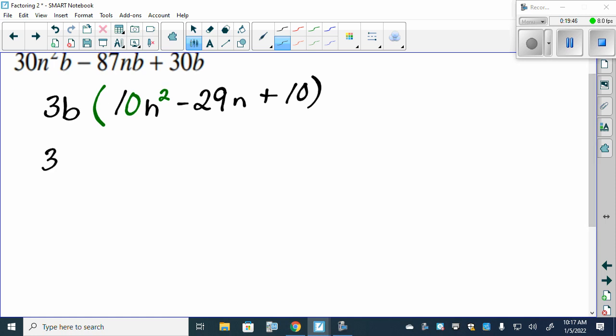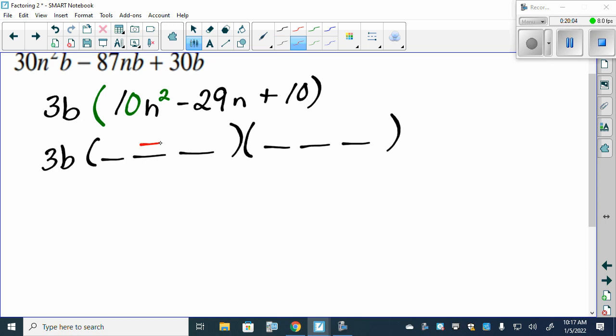Now, since that is the only greatest common factor, we can do our two sets of parentheses with 3 spaces. Since the 10 is positive, the signs are the same and they match the sign of the middle term, which would be negative and negative.